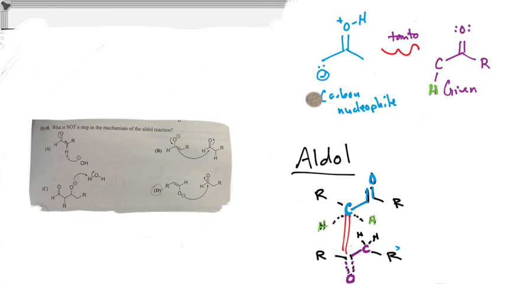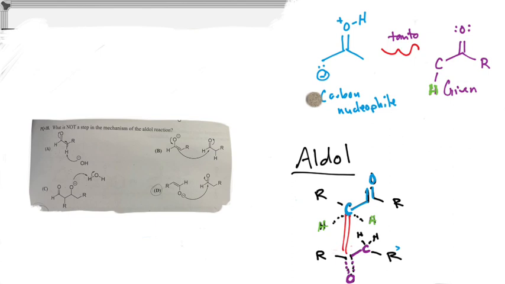Okay, so we're looking at not a step in the mechanism. Right? If we're looking at the reaction, what did we need? What were the two critical pieces that we needed to run the reaction? A positive and a negative. The positive was there from the beginning. Was the negative there from the beginning? No, we had to generate that negative. How did we generate that negative? We removed an acidic alpha hydrogen.